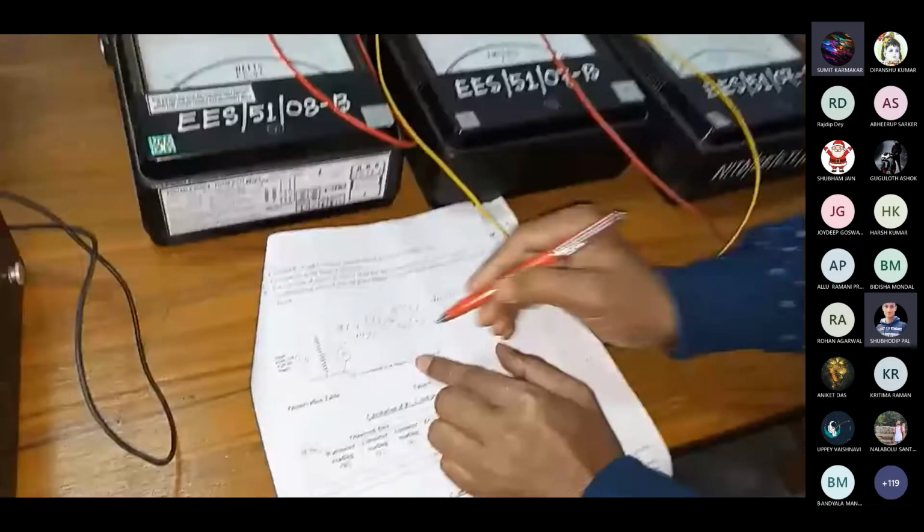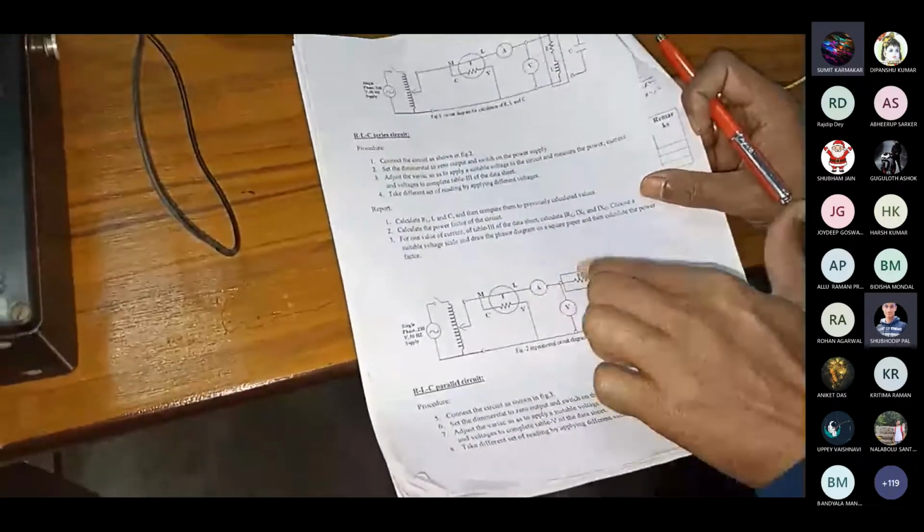From this point we are considering one voltmeter. I am keeping this voltmeter as it is. From this voltmeter we will be connecting two ammeters, as a parallel combination. One ammeter will be connected from this point.